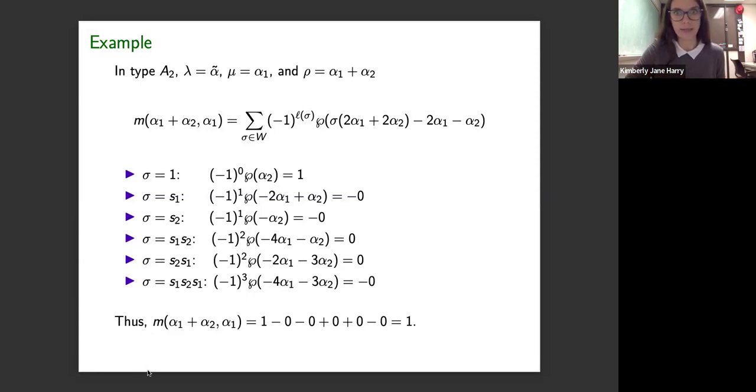Oh, I see someone has something in the chat. Yeah, so here the weight that we're looking at, yes, we can think of it as vectors, but like I said earlier, I always think of them as these alphas, and they can be the simple roots. They also can be positive roots. So we'll see that in a little bit, but that's a really good question.